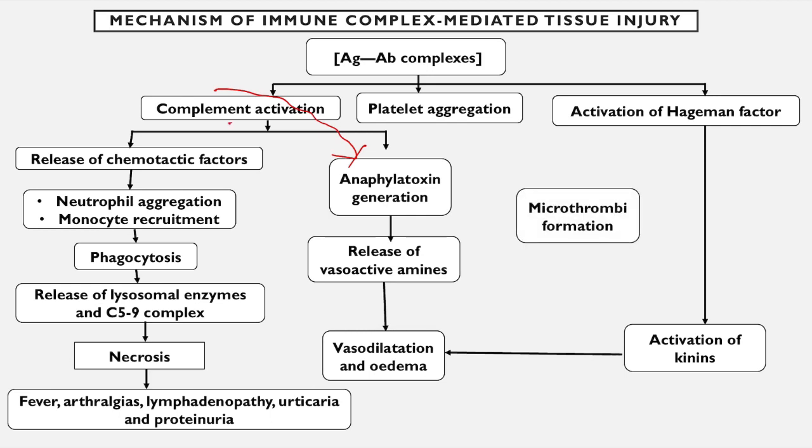Then microthrombi formation occurs, which also causes platelet aggregation and activation of Hageman factors. It also causes release of lysosomal enzymes and C5 to 9 complexes and further necrosis, fever, arthralgias, lymphadenopathy, urticaria and proteinuria.